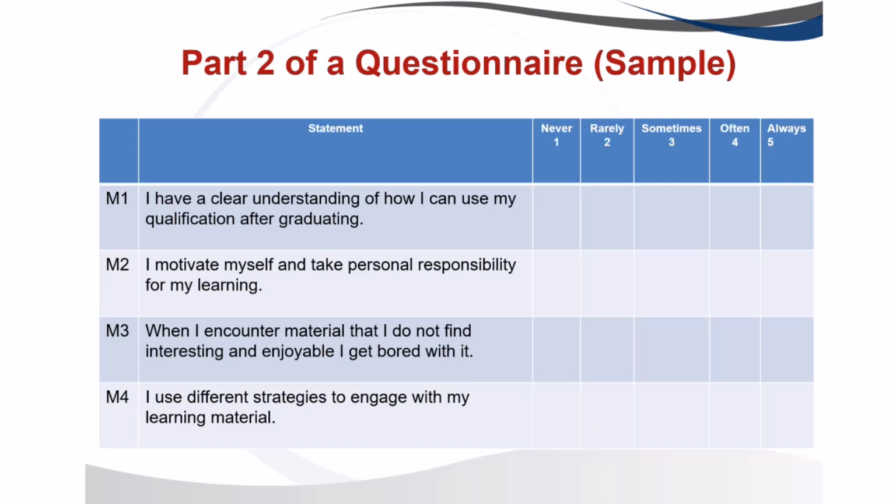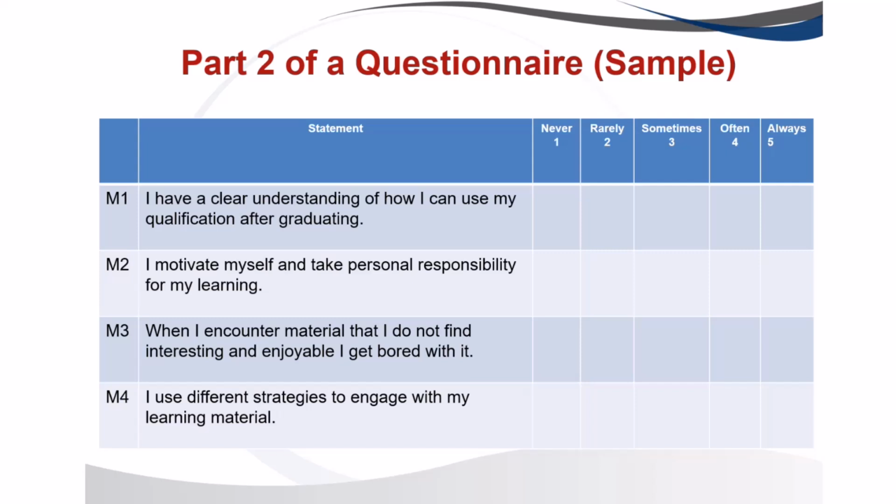So when you look at these statements, definitely the last one has nothing to do with motivation. The others, motivation 1, 2, and 3, are talking to the construct or factor of motivation. They are aligning to motivation, definitely. Think about the first one.